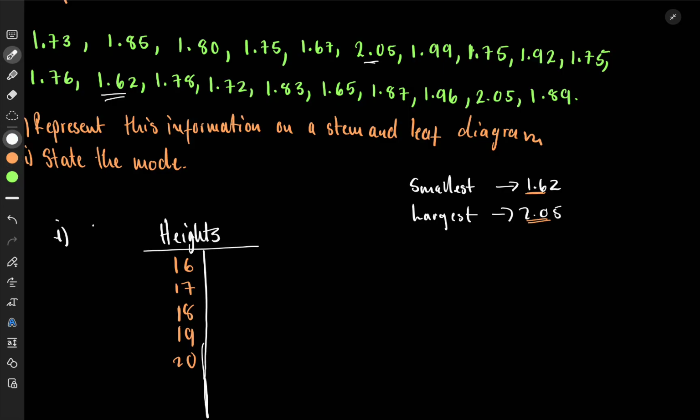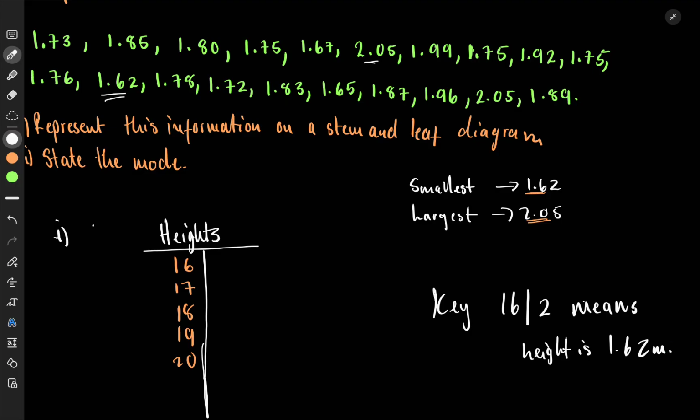Then I'm going to say key. I'll say 16 bar 2, and then I'll say what it means. It means 1.6 something, means height is 1.62 meters.